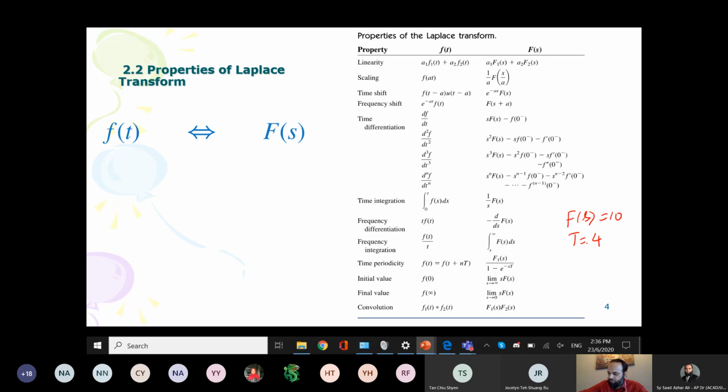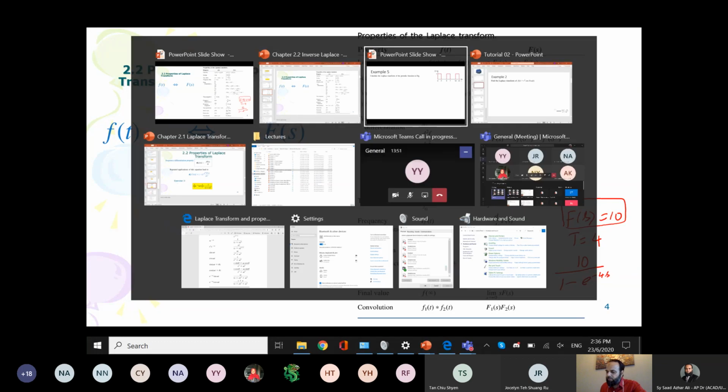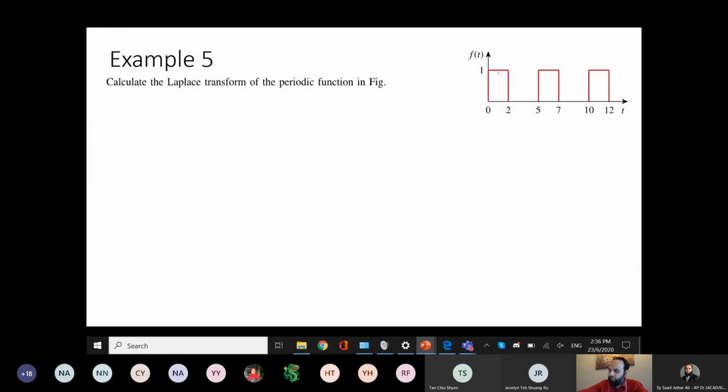Whatever that function was, we just take the first period, and it is 10 divided by 1 minus e to the minus 4s. It is as simple as that. So what we need to do is find the Laplace of the first period only, so we have to see where it is repeated.